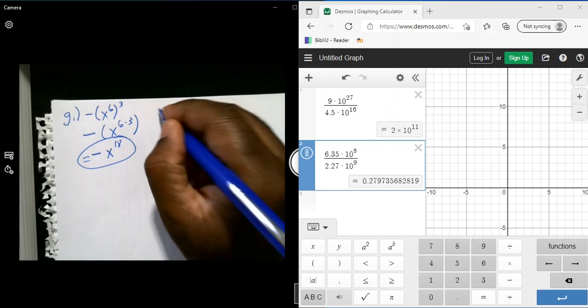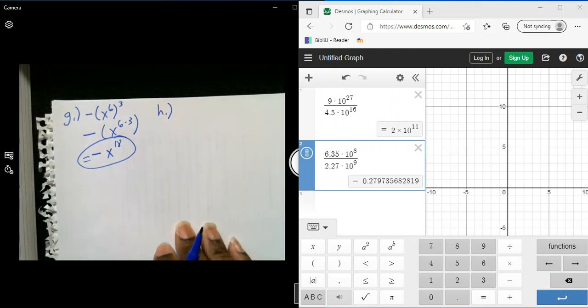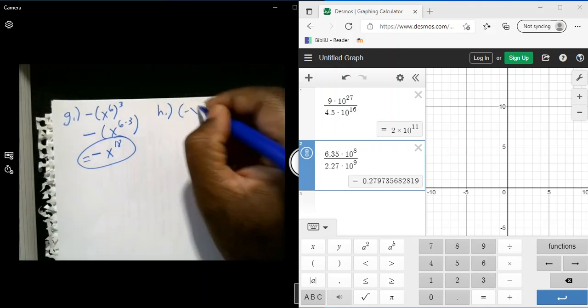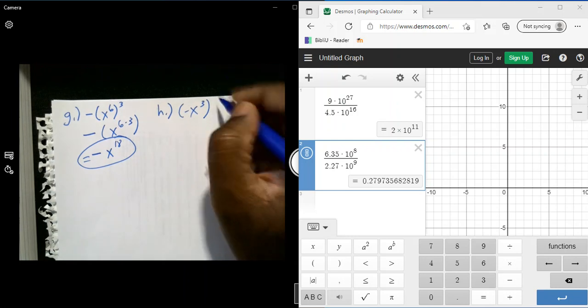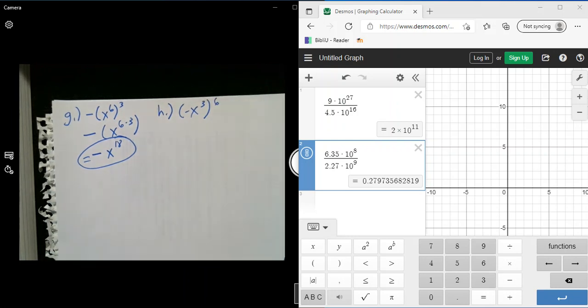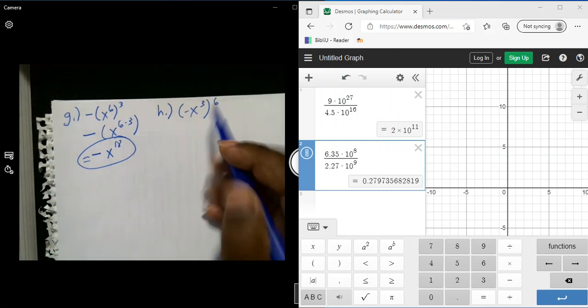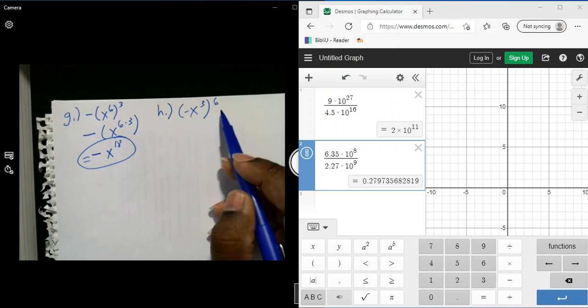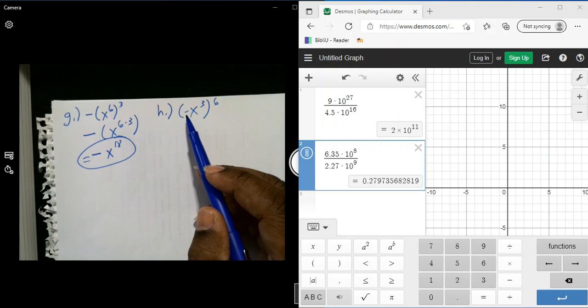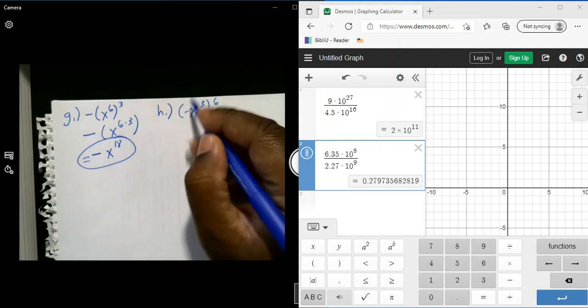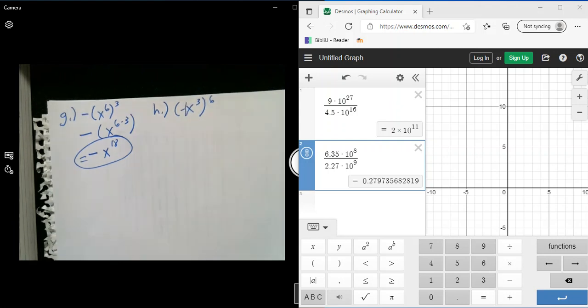Now we go to H. We have H, which is a negative x to the third to the 6th power. Now, if you notice, everything in this parenthesis is affected by this 6th power. This negative is really a negative 1.